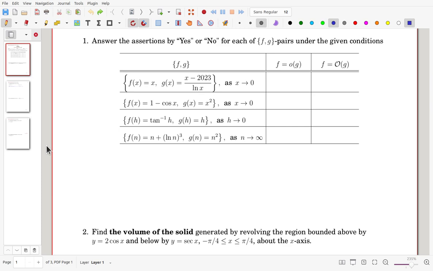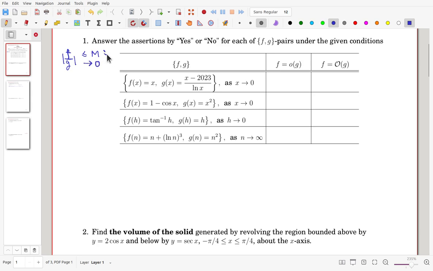For relative rate of convergence or growth, we first measure the fraction f over g in modulus. Then as x approaches 0, or approaches infinity, or some number, it can be bounded by M for a positive number M, or it can approach 0.